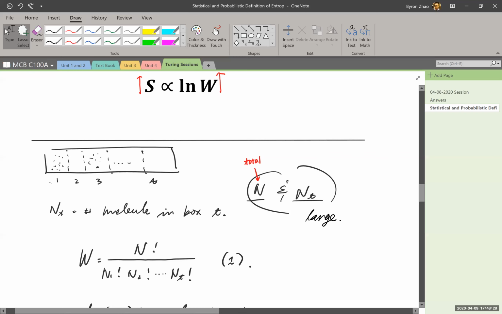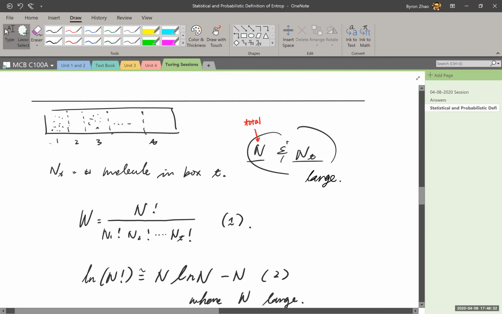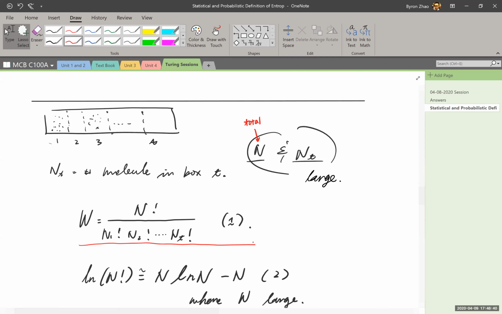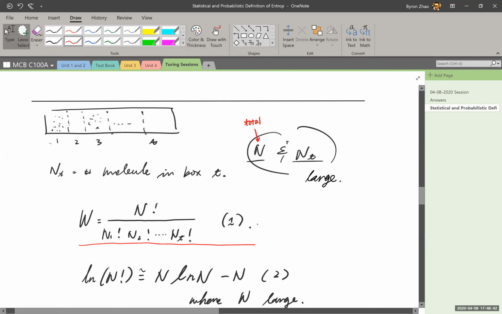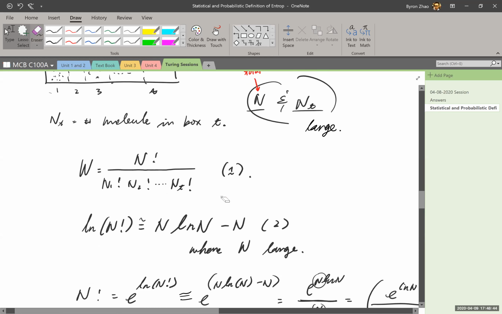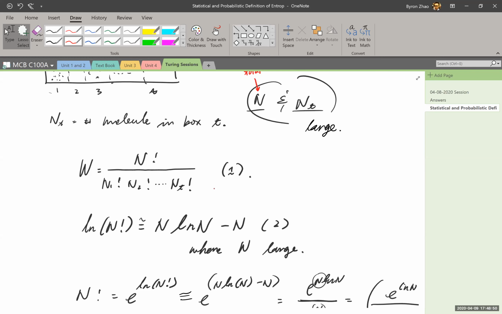And if we assume N and NT are both large, we can write down this formula to calculate multiplicity for a specific macro state. So since N and NT are both large, we can use Stirling's approximation.